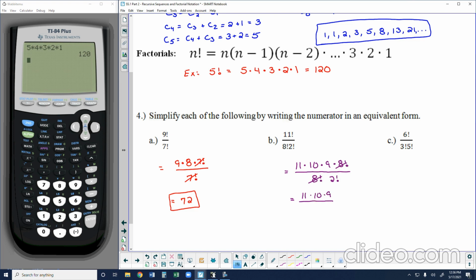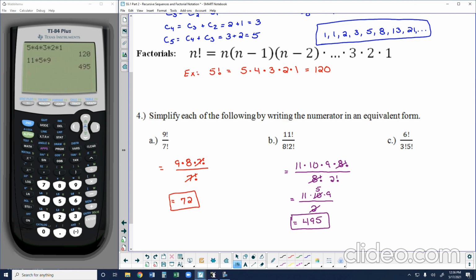Now 2 factorial would be 2 times 1, or just 2. So I can simplify again here. I could just write this denominator as 2, and then take 10 divided by 2 and make that 5. And so in my numerator, I have 11 times 5 times 9, which is 495.